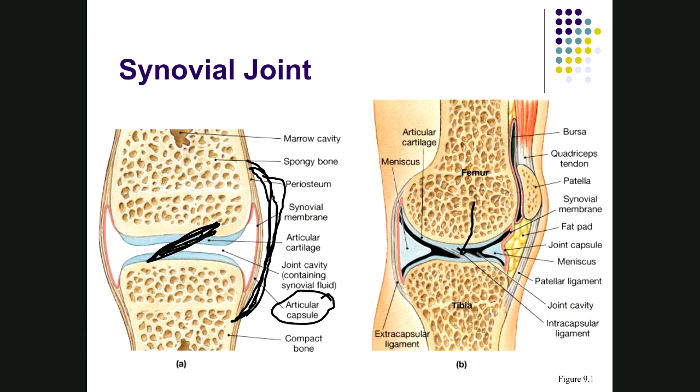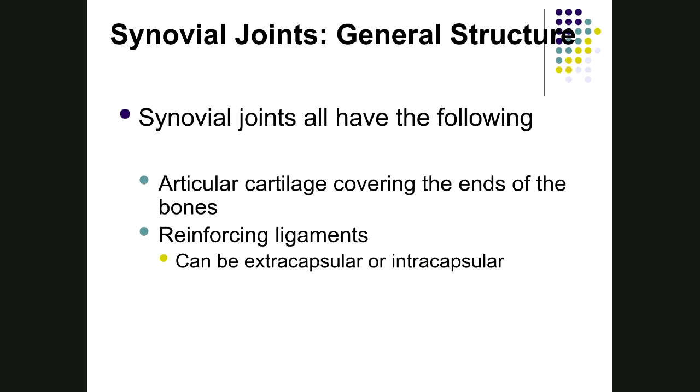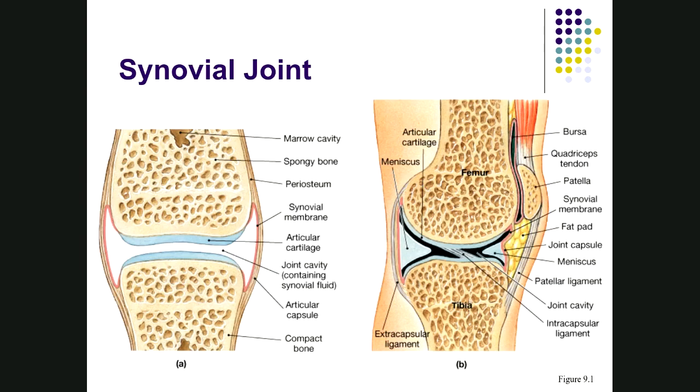And that's what we see right here. So they can be extracapsular, outside the capsule, or they can be intracapsular, inside the capsule. So this is an extracapsular ligament, and this is an intracapsular ligament.